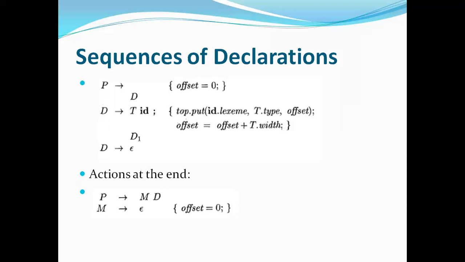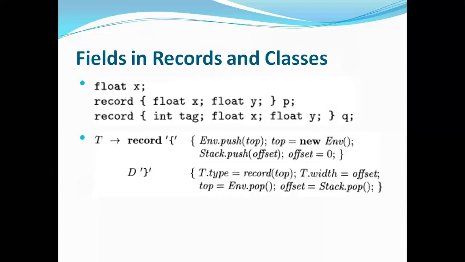And here we're writing the syntax directed translation schemes for generating the 3-address codes for assignment statements containing the arithmetic expressions, or for any type of constructed data types. Here I'm having both the basic data type and the constructed data type. See, if one sees the slide that I shared with you all, the slide is about the fields in records and classes.